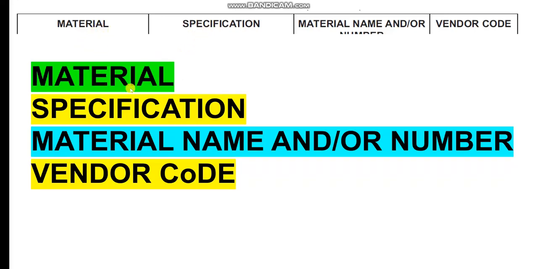The second column, specification. The third column, material name and or number. The last column is the vendor code. This is some notes about these items and how to use them.